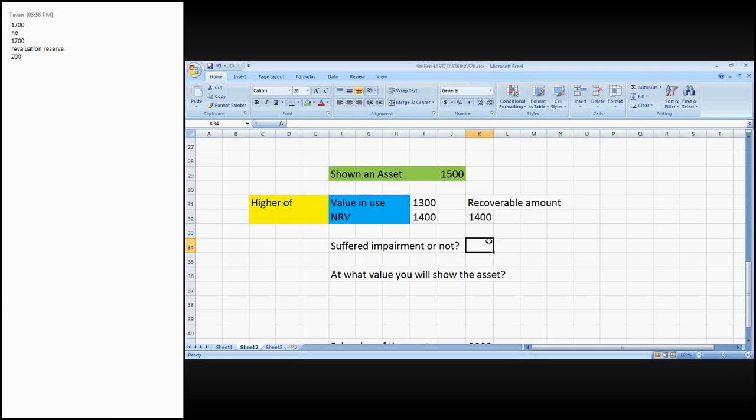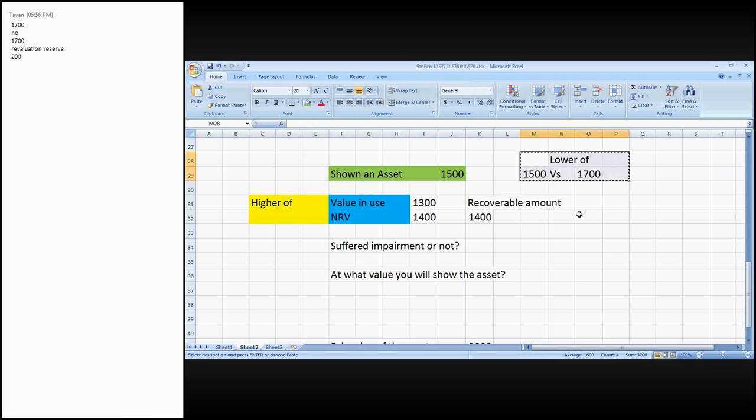Previously, when I compared 1500 versus 1700, I was always trying to compare the lower of these two. I'll continue to show the asset at the lower of these two values. Again, when I test this, has the asset suffered impairment? Yes, impairment of 100.